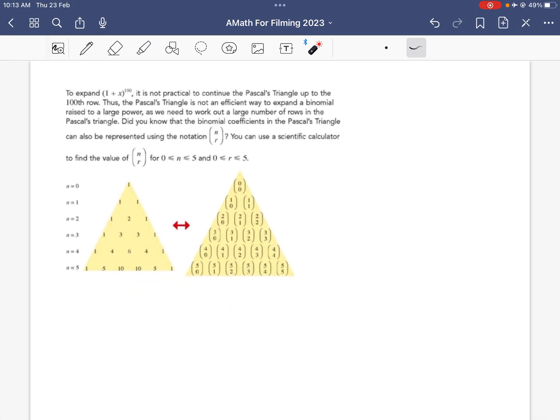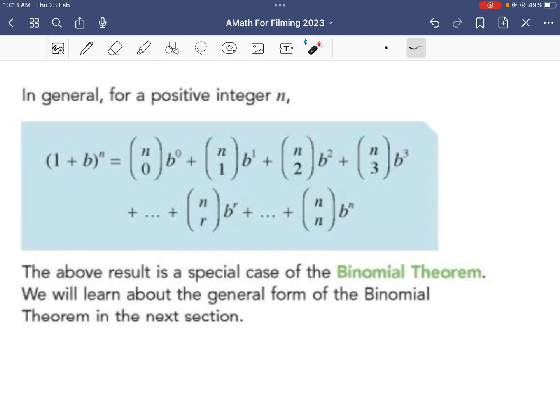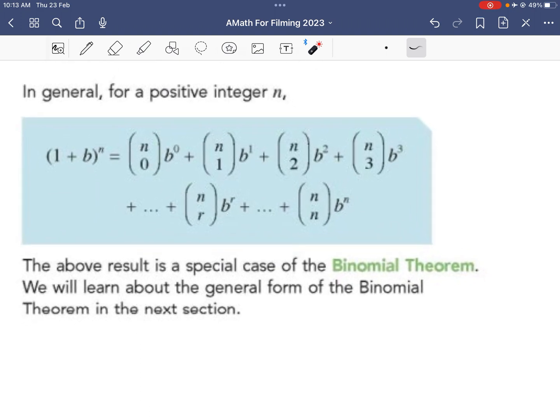But I think to help you to put it together, what we can do is to give you the general idea of how we can generate for 1 plus b to the power of n. So for 1 plus b to the power of n is n choose 0, b to the power of 0, which is just 1, plus n choose 1, b to the power of 1, then n choose 2, b to the power of 2.